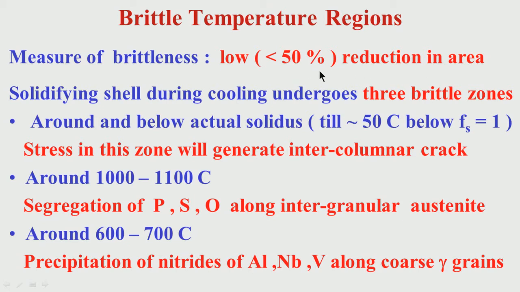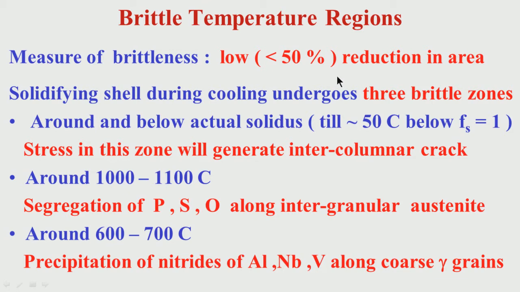So, if the reduction in area at any particular temperature region is less than 50%, then we call the material in that region brittle. And if it is more than 50%, so 70%, 80%, 90%, then we call that temperature region ductile. That means the solid shell will behave in a ductile manner. And why is ductile good? Because it can withstand some deformation, it can withstand a lot of strain.